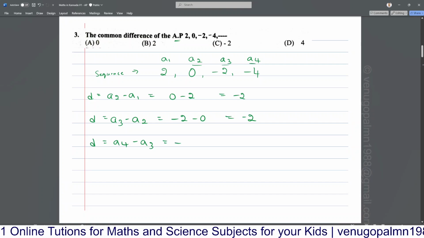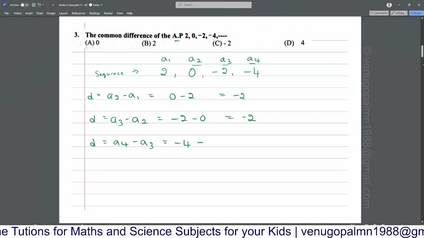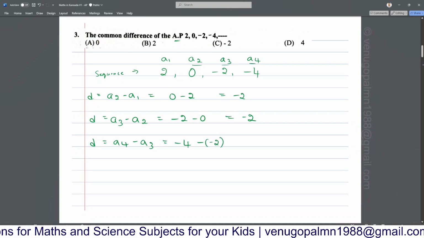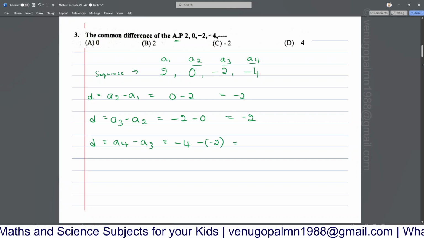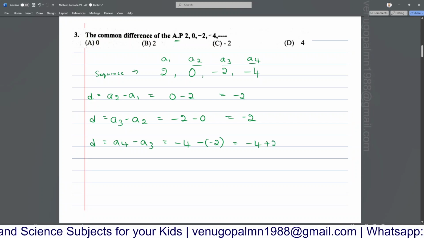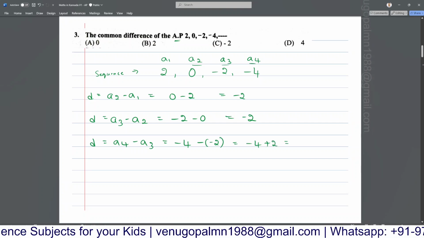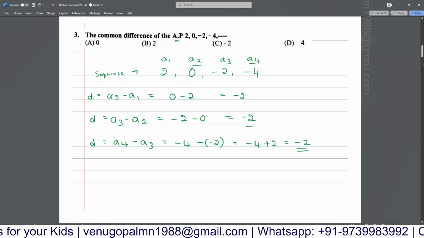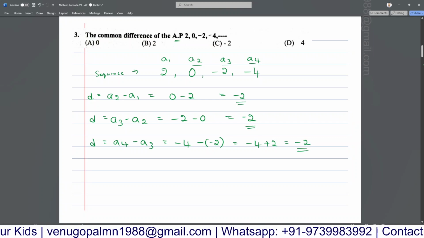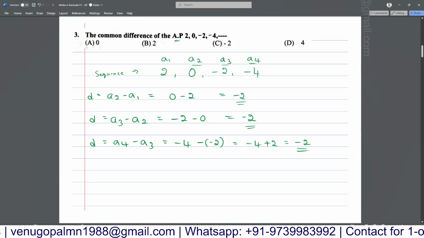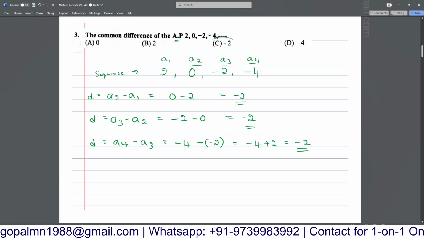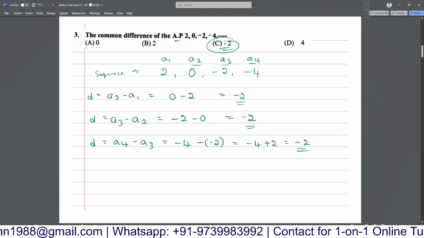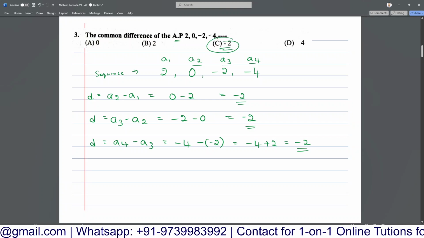So here, minus 4 minus minus 2. So minus into minus, what will it become? Minus 4 plus 2. If you add minus 4 and plus 2, the result would be minus 2. See, in all the cases, the common difference is coming as minus 2. The answer is option C, which is minus 2. Clear, guys? You have to be very careful.